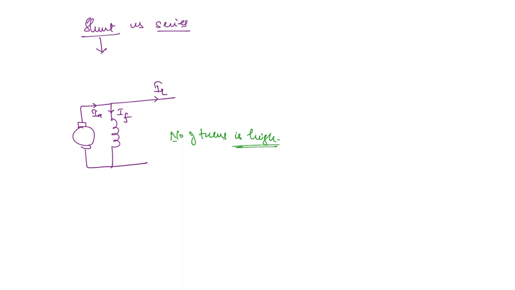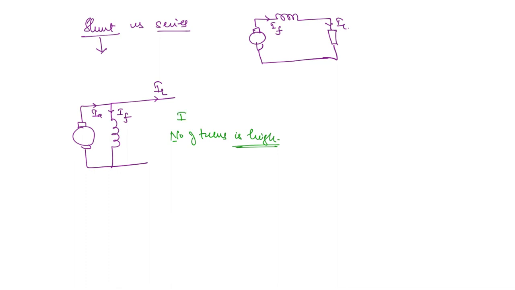In comparison, what is going to happen in series winding? In series winding, the same current will flow in the armature and in the field winding, and the same current is going to go to the load. Okay, and the load current will be of considerable magnitude. So the field current flowing in the series winding is going to be high enough.